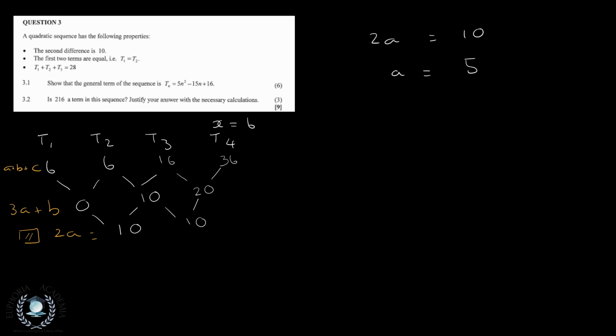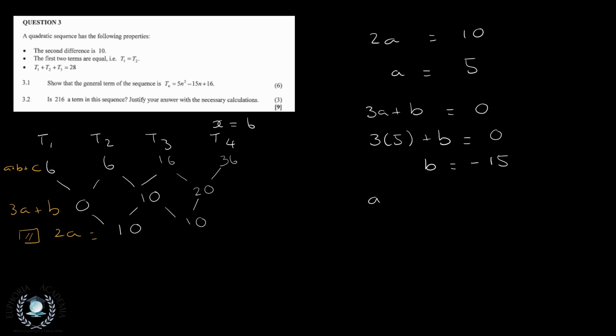And then our 3a plus b is going to give us a value of 0. Let us substitute a, which is 5. So 3 times 5 plus b is going to give us a value of 0, and we will find that b is equal to negative 15.